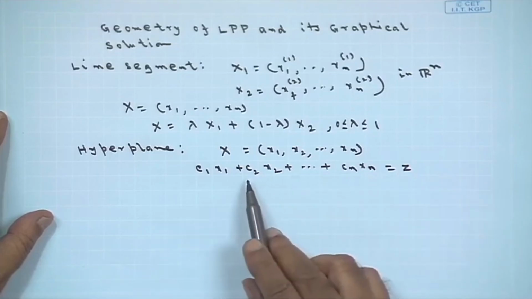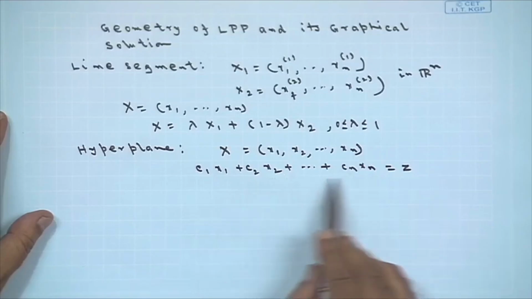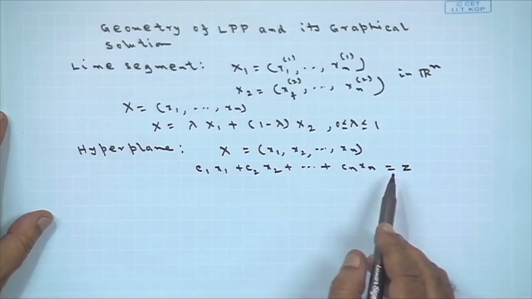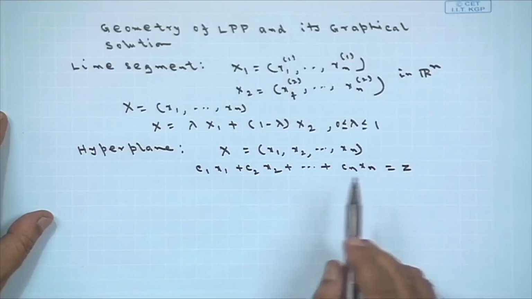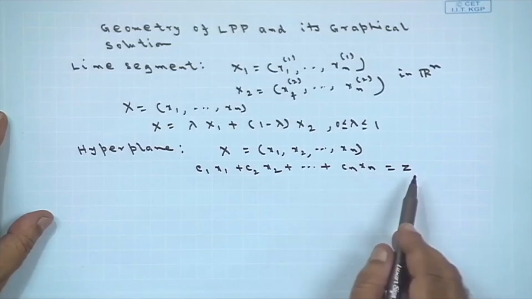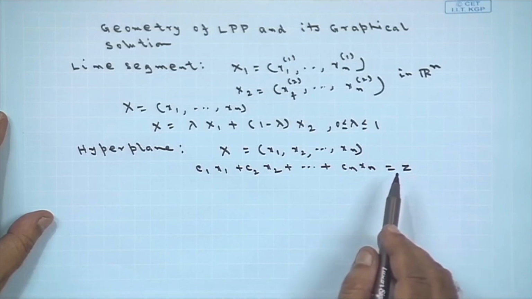Please note this. For given values of c i's and z, this equation will define one hyperplane. In other words, whenever I am supplying some values of c 1, c 2, c n and the value of z, then the objective function is representing one hyperplane.